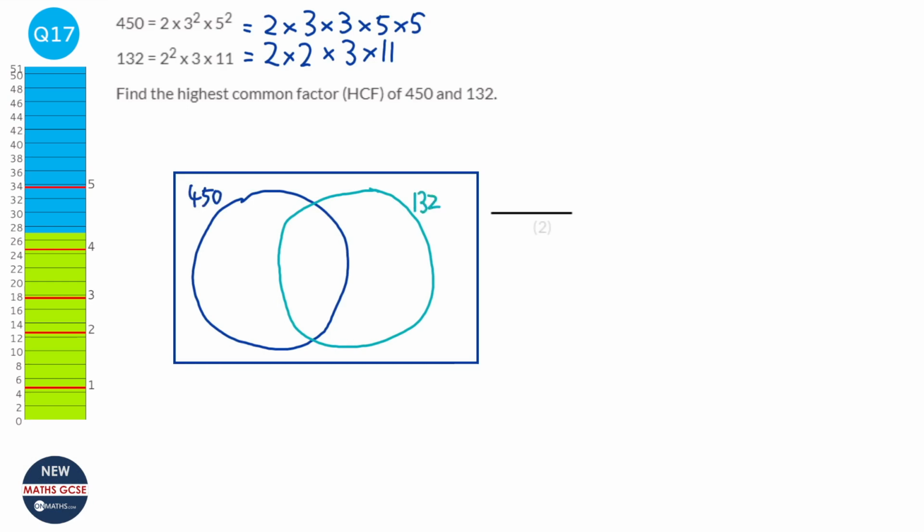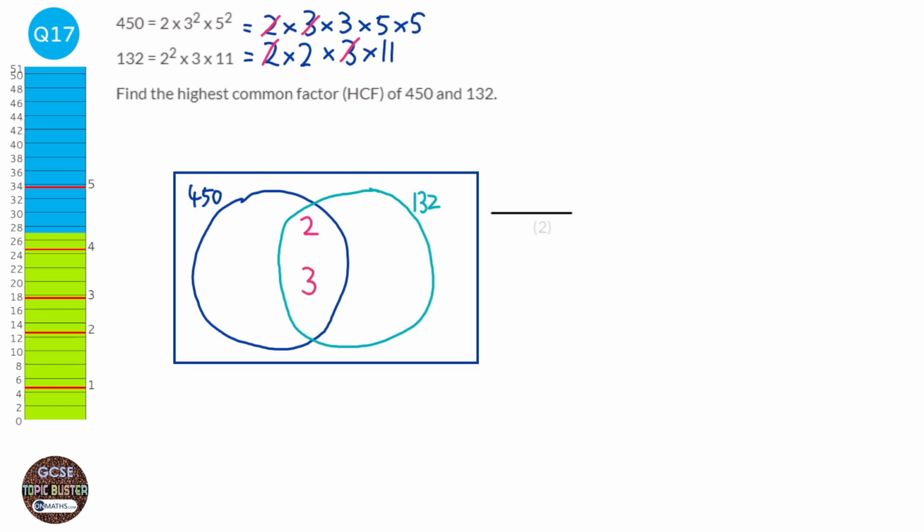So we'll start with the 450 and the numbers. So actually looking at the numbers, looking at the prime factors at the top, we can see they both have a 2 in them. So I cross them both out and put 2 in the middle. We can see they both have a 3 in them. So cross those 3's out and put a 3 in the middle.